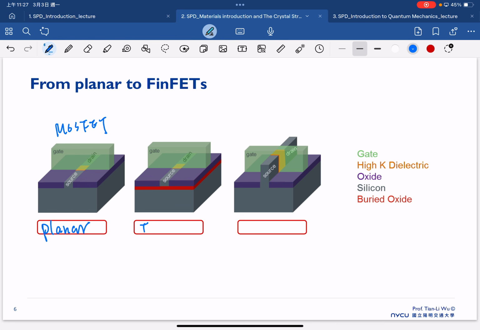That's usually what we call FDSOI, which is fully depleted SOI. So this is SOI. This is the insulator. And also, the most advanced one is the FinFET.